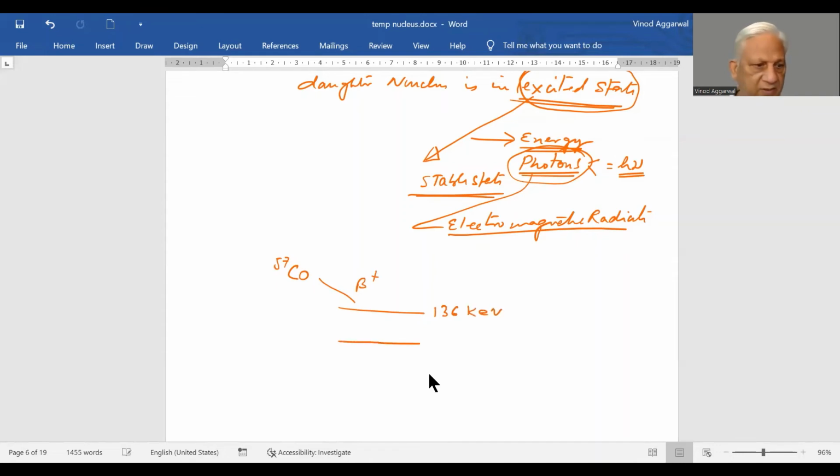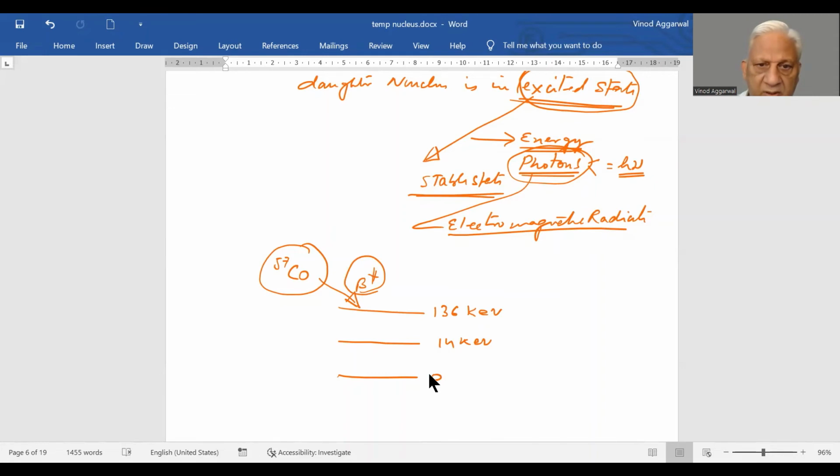And the next level of energy is 14 electron volts. And the last is the ground level, which is 0 electron volts. So what happens is, when an excited atom, excited nucleus, whatever you call it, releases beta rays, it is already in an excited state.